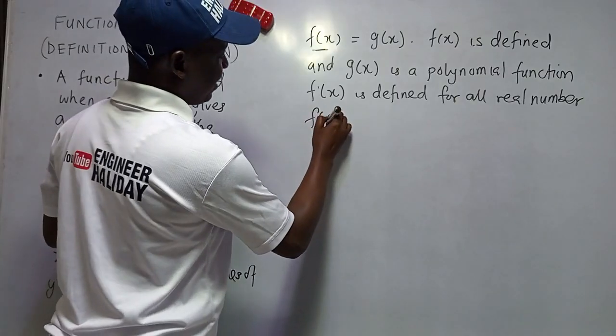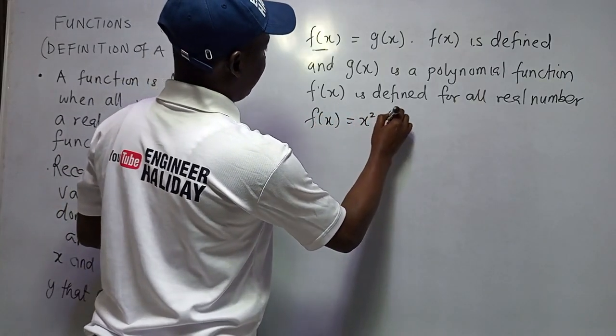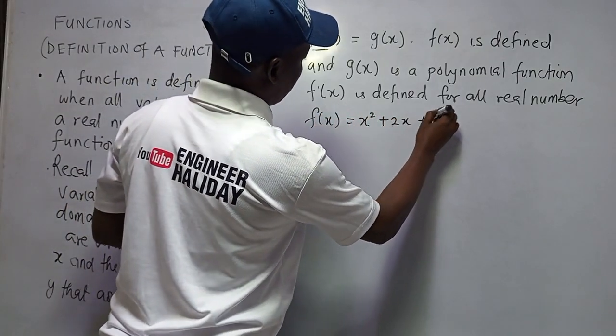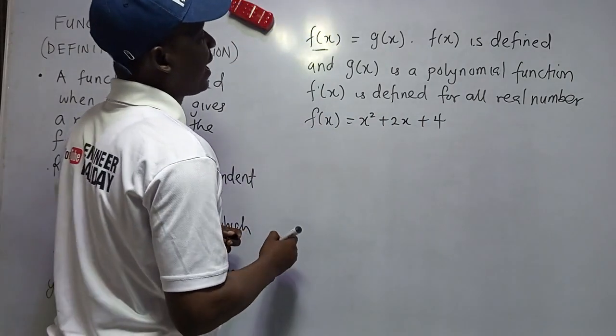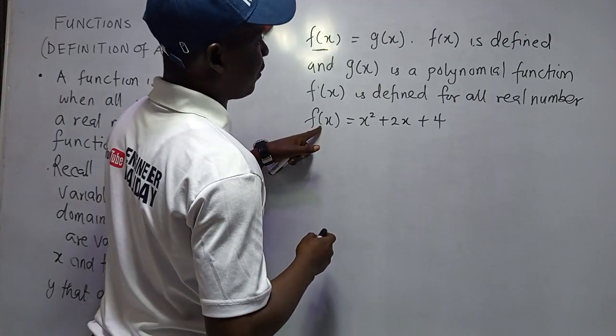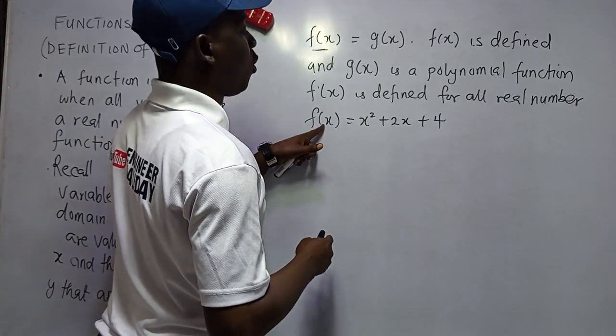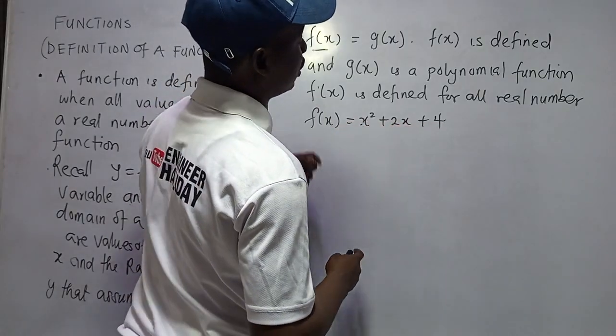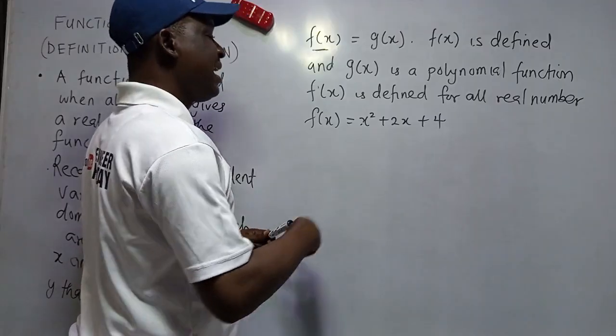If I give you f of x to be equal to x squared plus 2x plus 4, find the value of x upon which this particular equation is defined.